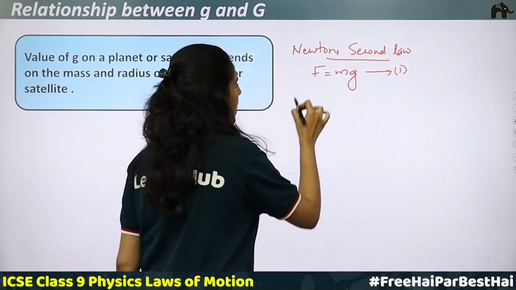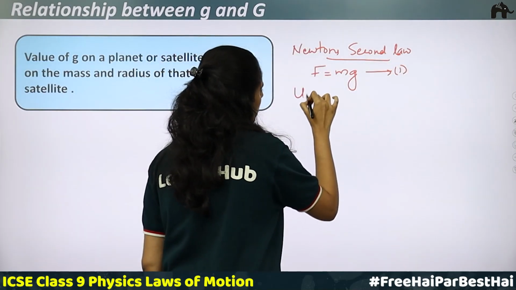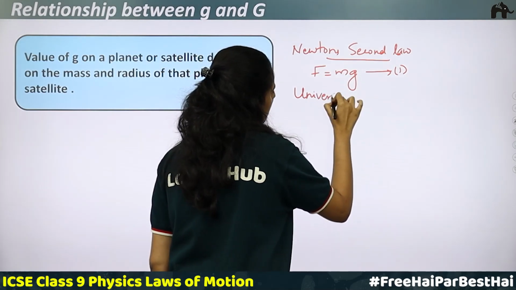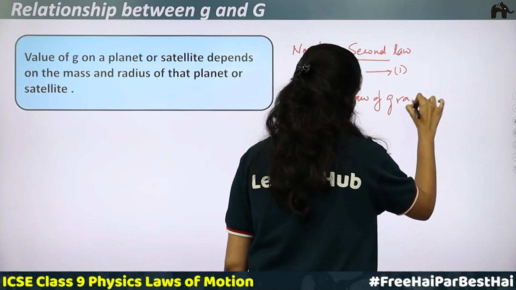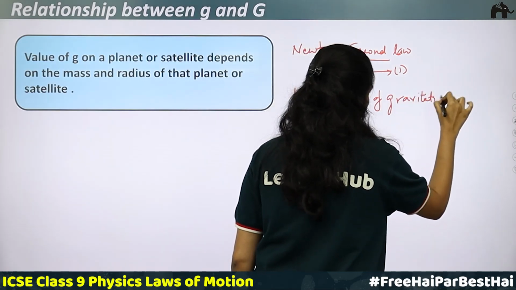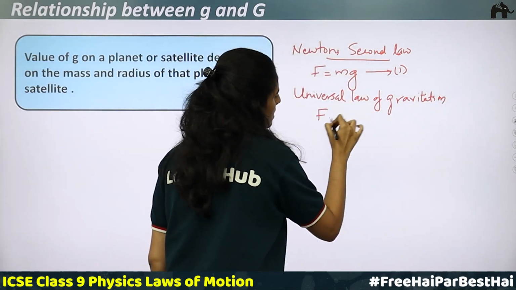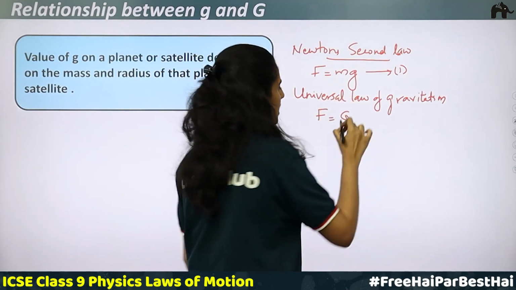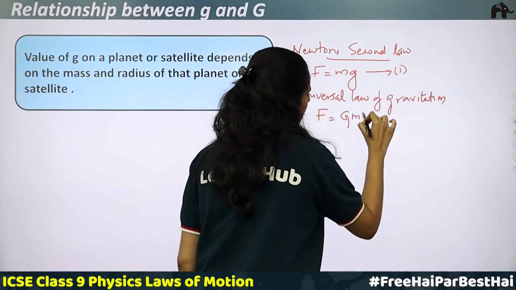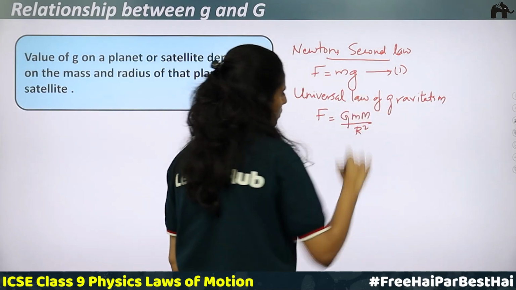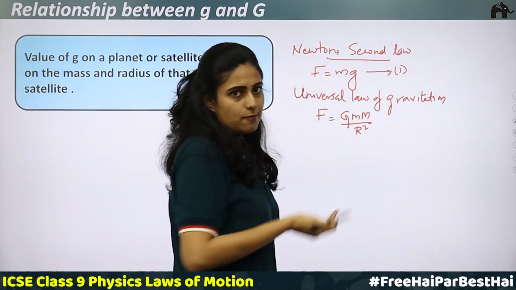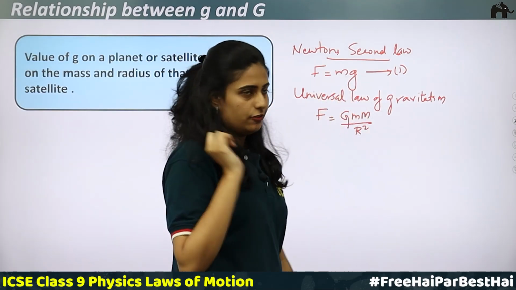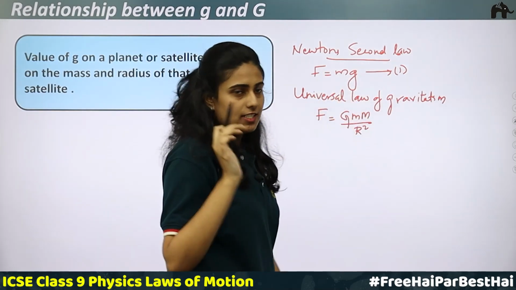Okay. Then now we have studied universal law of gravitation, according to which force F is equal to G M m by r square. Okay. Capital M is mass of Earth, small m is mass of body and r is the radius of Earth. G is the universal gravitational constant.